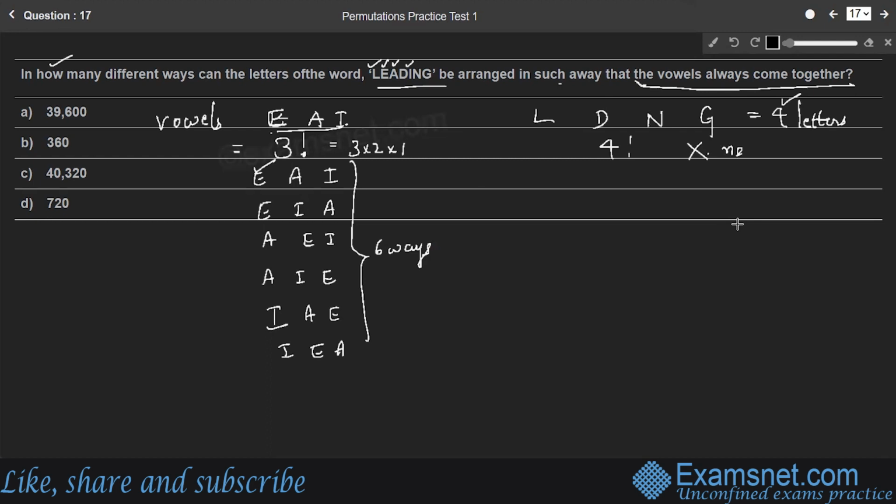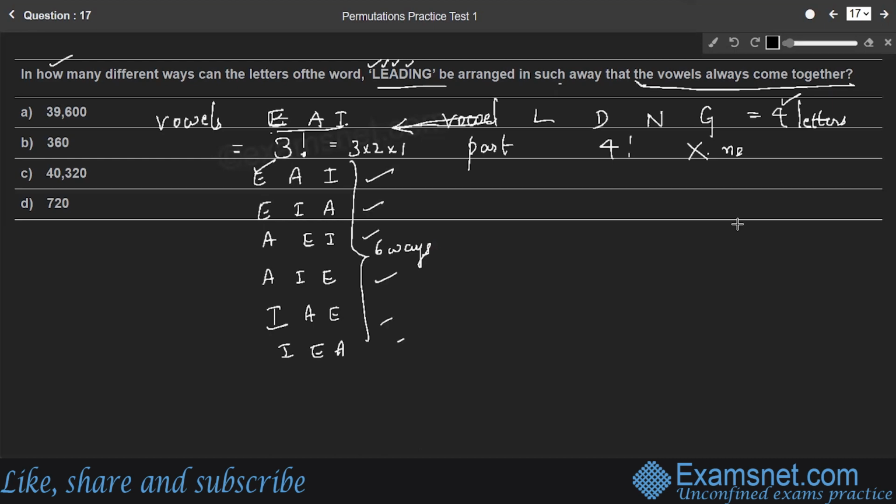Because including these 4 letters, there is a part in which 3 vowels are arranged. Therefore, including these 4 letters, we have to consider the vowel part. It may be EAI or EIA or any other way, any of the 6 ways.